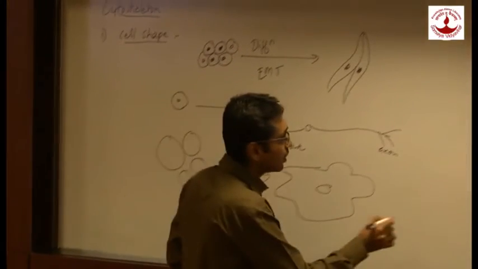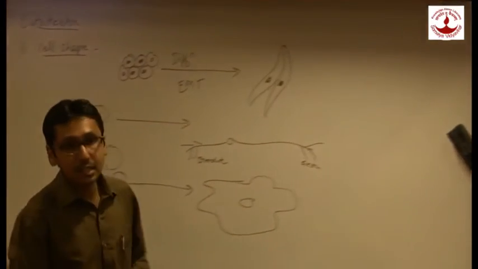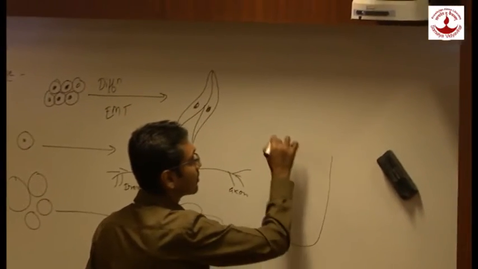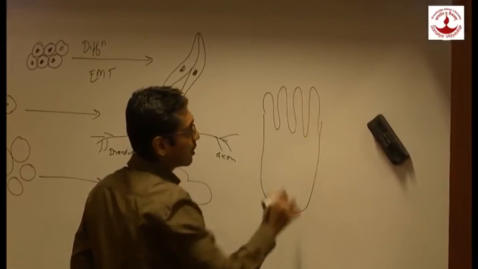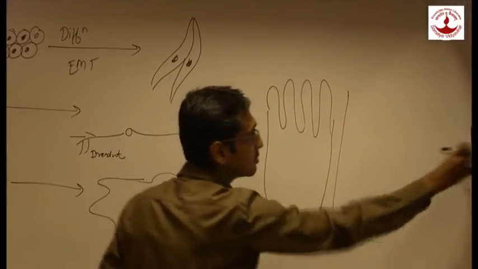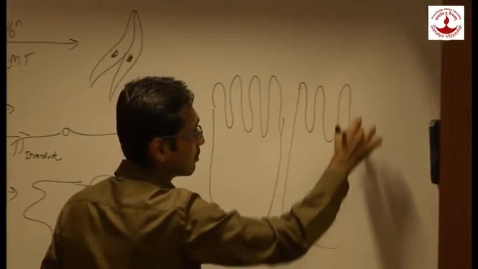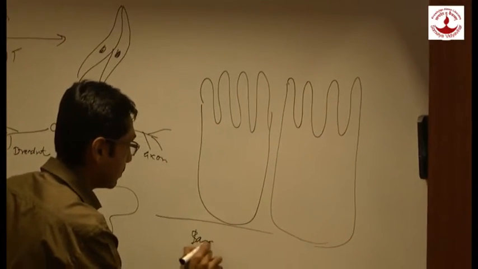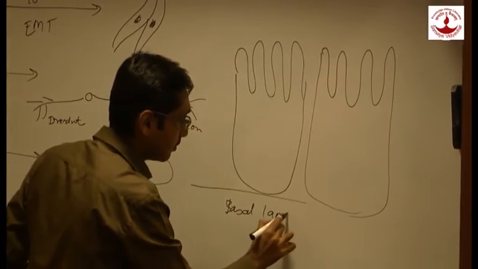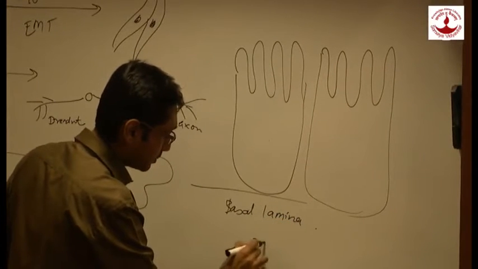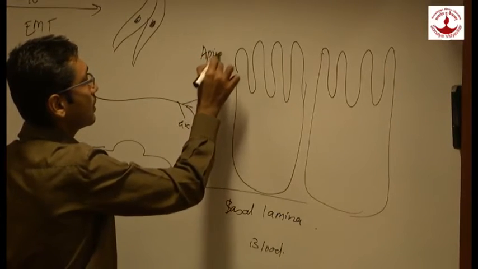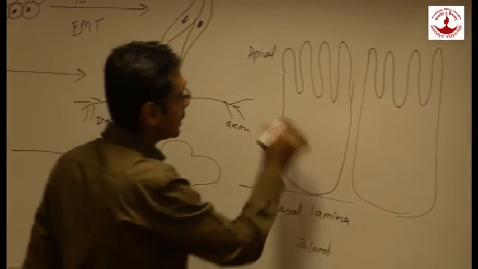Another example of setting the internal organization of the cell would be an epithelium. This is the basal lamina, and you have the blood. This is the apical region and the basolateral region.